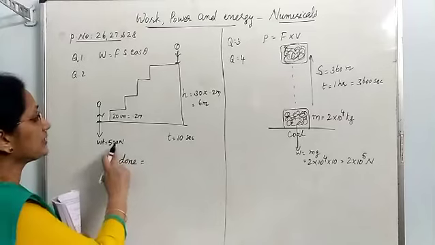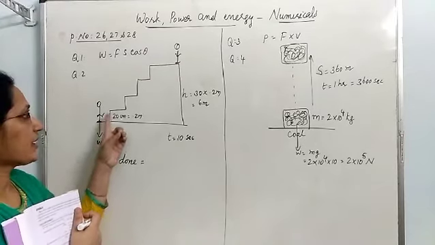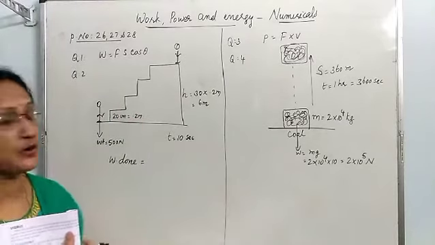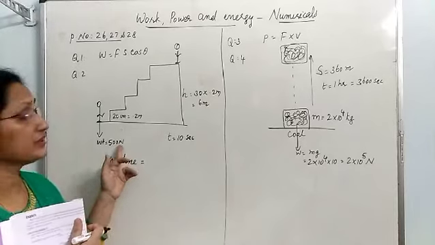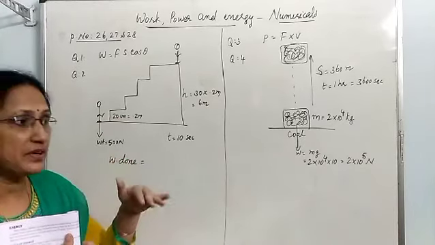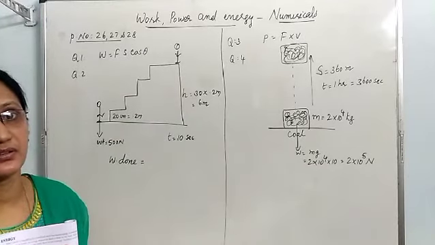Since the body weight of this man is 500 Newton, while he climbs each step, he has to apply an upward force of 500 Newton. When we climb the stairs, actually we are lifting our body weight.